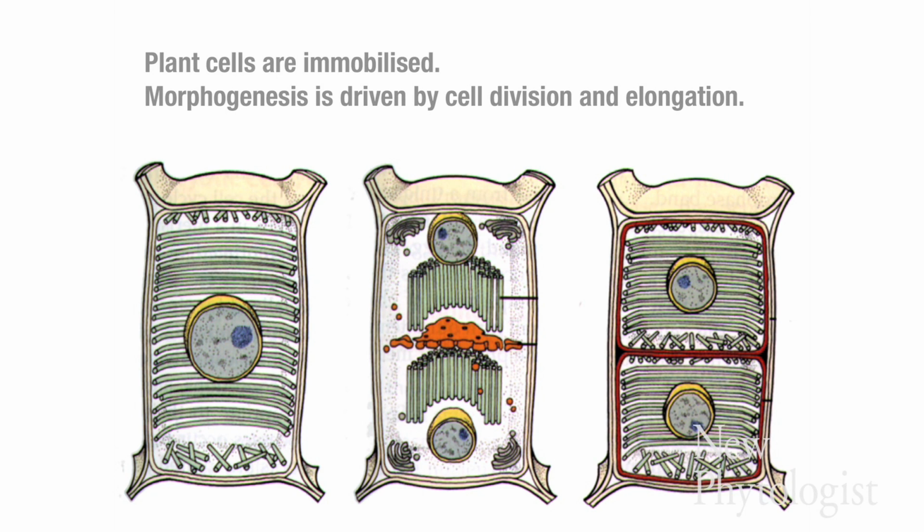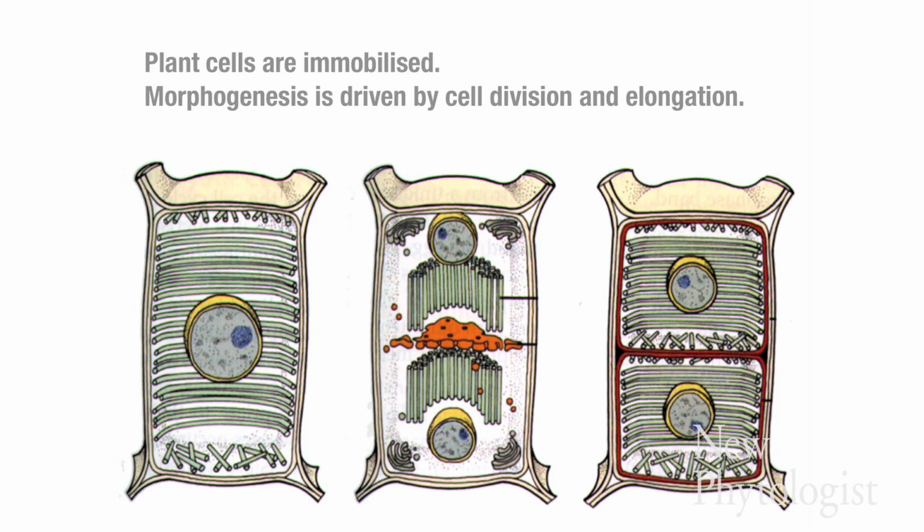This process of cellular elongation and division takes place within an immobilizing framework. Unlike animal systems, which are free to migrate and generally undergo apoptosis when they're in the wrong place at the wrong time, plants by necessity have a very flexible arrangement. Cells, as they grow, get to a point where they want to divide, and the two daughter cells are essentially separated by a new wall which is built in place.